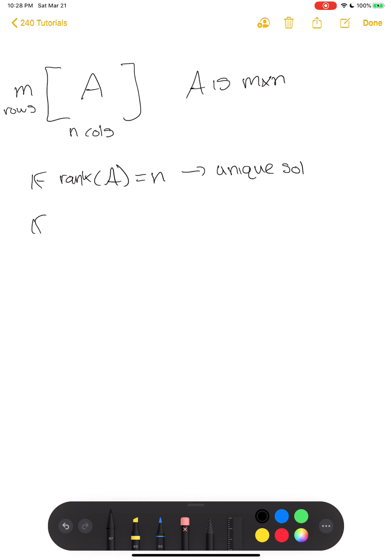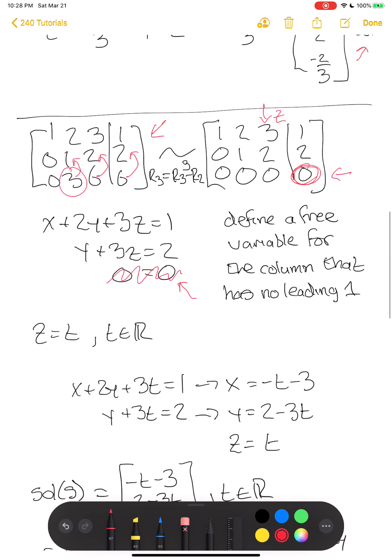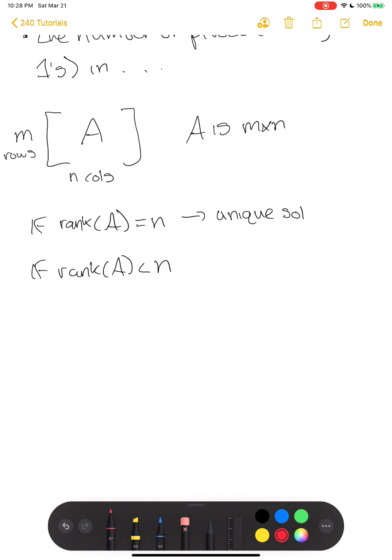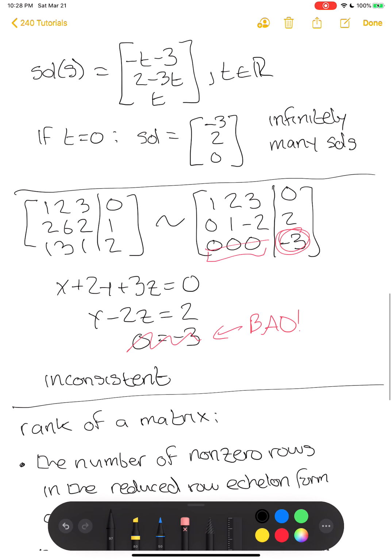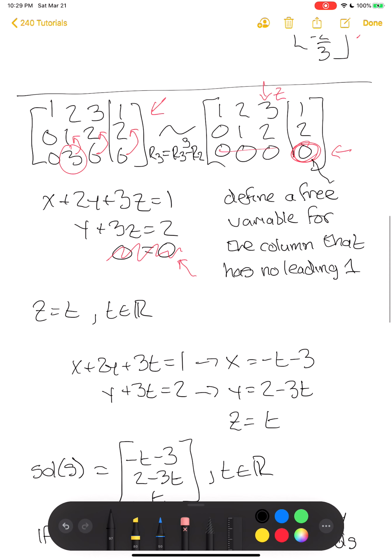So instead, we can say that if rank of A is less than n, which we saw in two cases, right? We saw here's a 0 row here. I forgot. Right here is a 0 row, and right here is a 0 row. You can have two possible things. And those things depend entirely upon what lies here and what lies here.